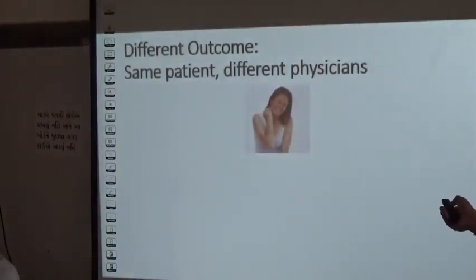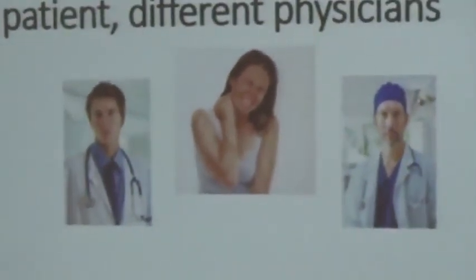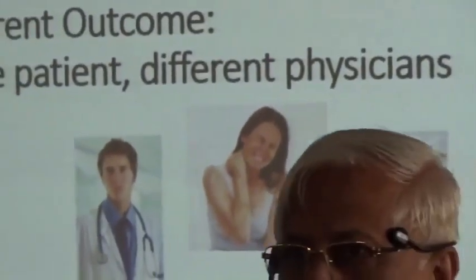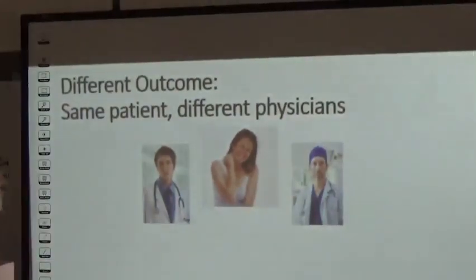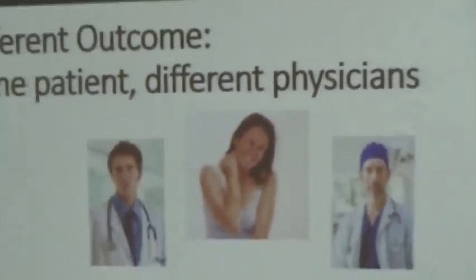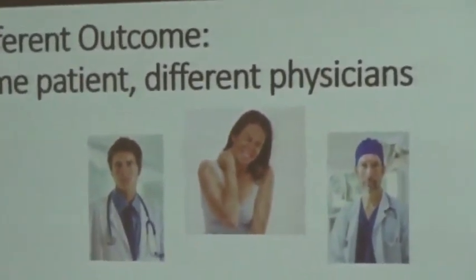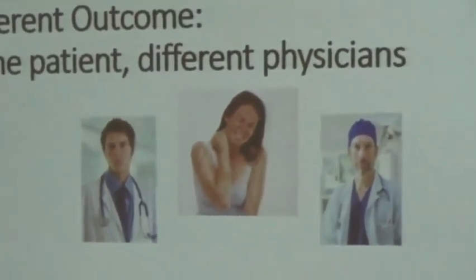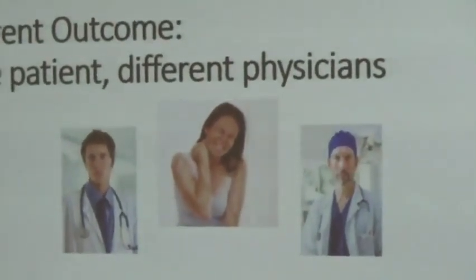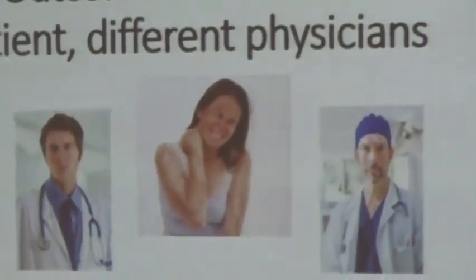Now, for one patient, different doctors will have different opinions. A physician will have a different viewpoint, and a surgeon will have a different viewpoint of the same case. If appendicitis goes to a physician and appendicitis goes to a surgeon, the viewpoint has to be different.